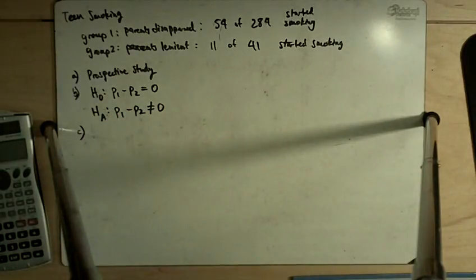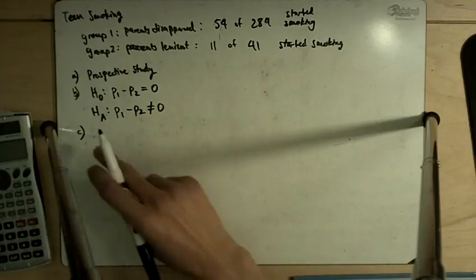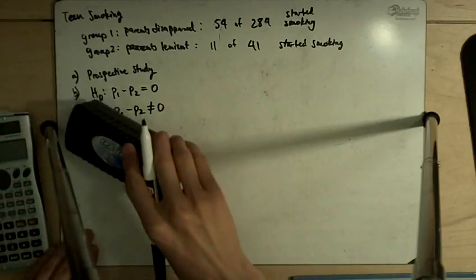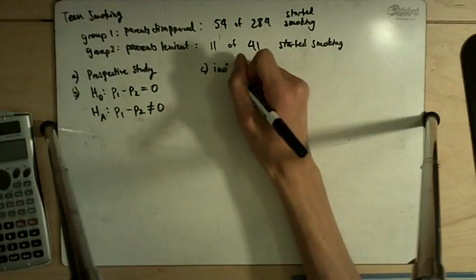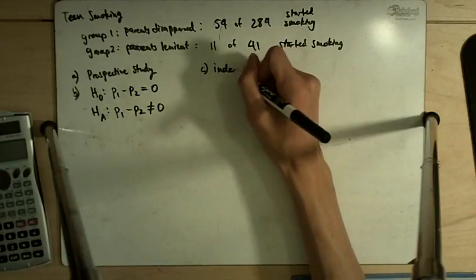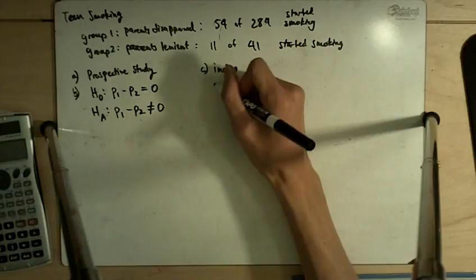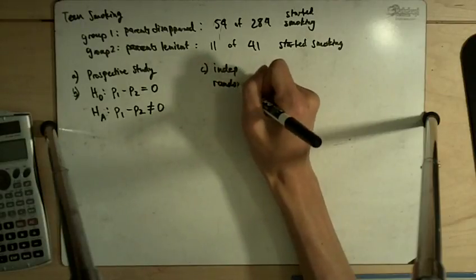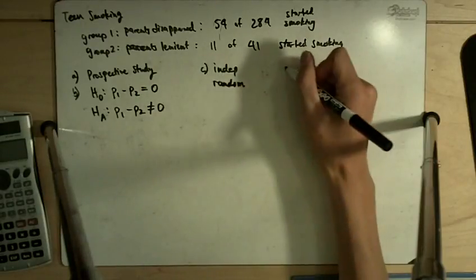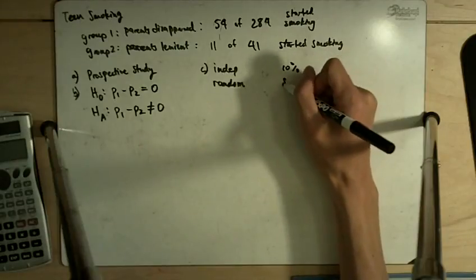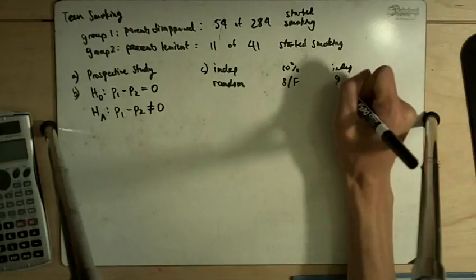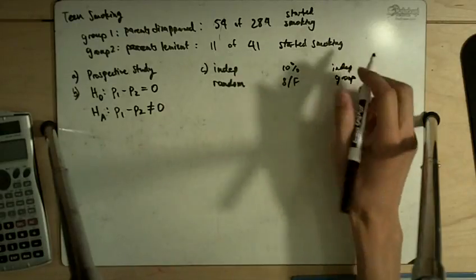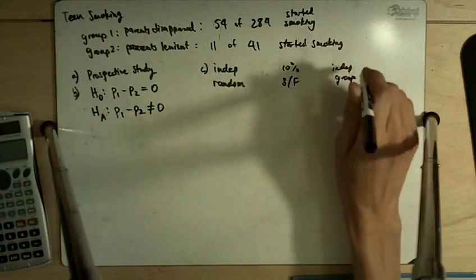Are the assumptions and conditions necessary for inference satisfied? I'm going to actually move this part over here. So our assumptions and conditions are that they are independent, they are random. We have the 10% condition, the success-failure condition, and the independent groups condition. So it makes sense that the groups are independent.